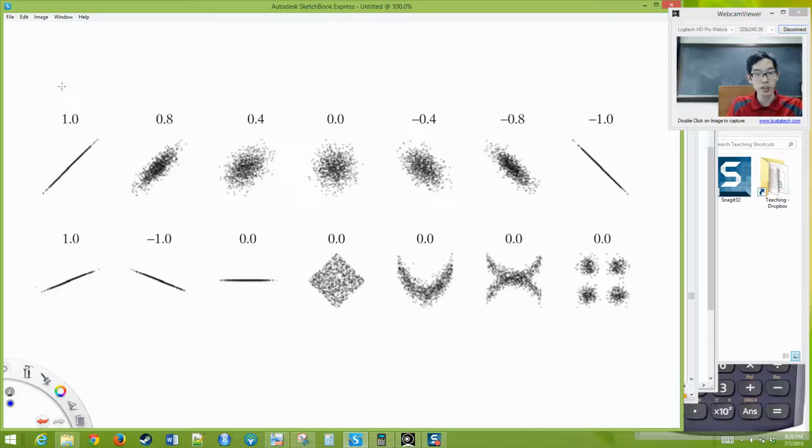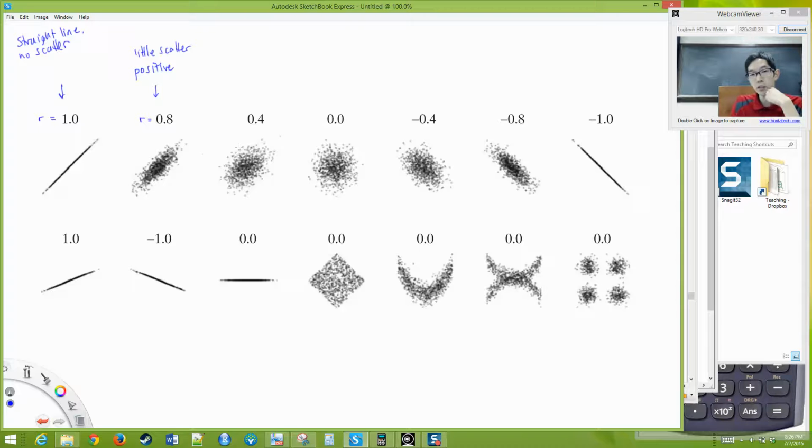Straight line, no scatter, R equals 1.0. Just a little scatter, positive relationship, so R is 0.8.